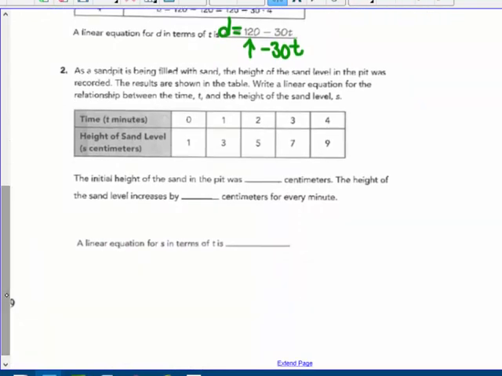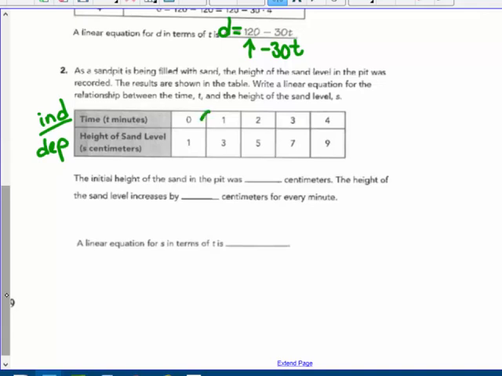So we need to find how we're going to be starting and what's the rate of change, what's the constant in the relationship. As a sand pit is being filled with sand, the height of the sand level in the pit was recorded. The results are shown in the table. So it's being filled, so it's going up, right? Time, again, is the independent variable. That would go on the x-axis because the height of the sand depends on how many seconds you're pouring it in, leveling it up. So the dependent variable is the height of the sand.